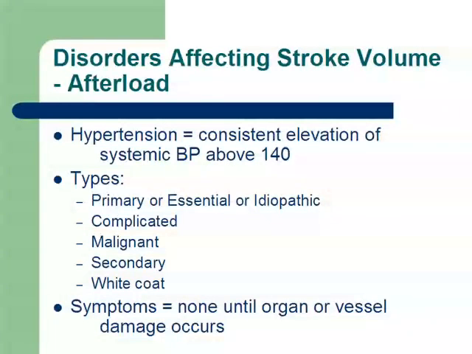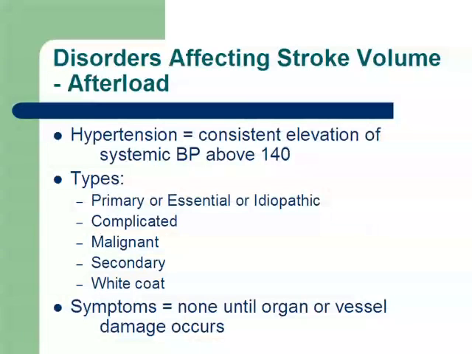So anything that affects your heart rate affects cardiac output, and anything that affects the ability of the heart to pump out the blood or affects your stroke volume will affect your cardiac output. And your stroke volume is affected by your preload, which is the amount of blood returning to the heart, your afterload, or the pressure against which the heart must pump, and your contractility, which has to do with Starling's law.